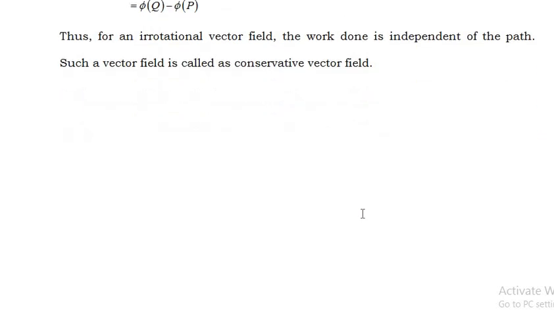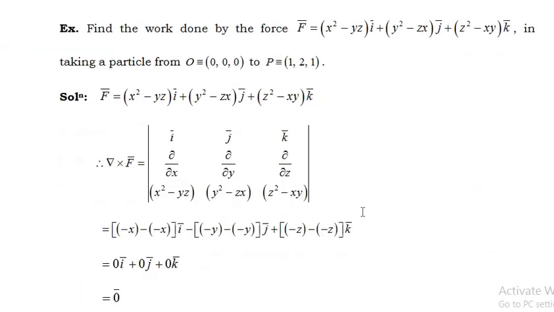Let us discuss two problems of this type also. Problem number 5. Find the work done by the force F bar equal to (x square minus yz) i plus (y square minus zx) j plus (z square minus xy) k in taking a particle from origin (0, 0, 0) to point P (1, 2, 1).